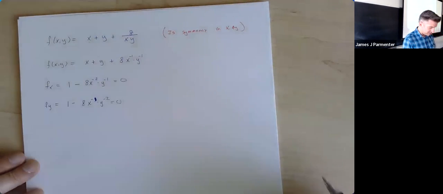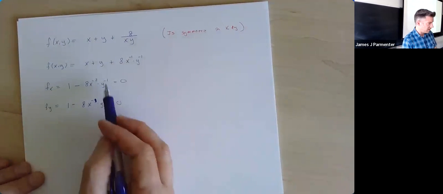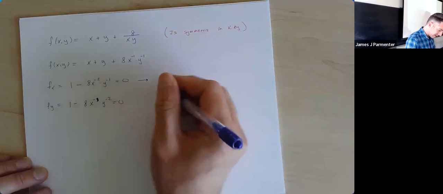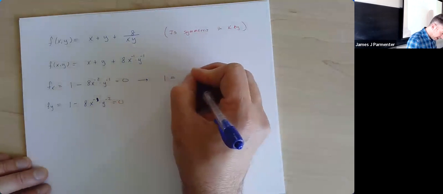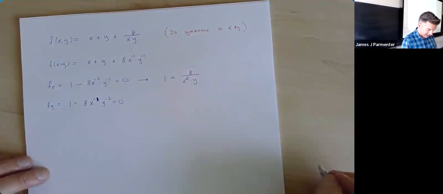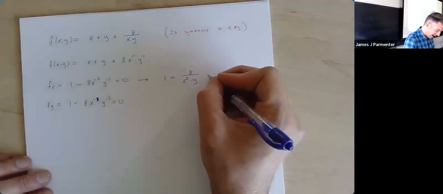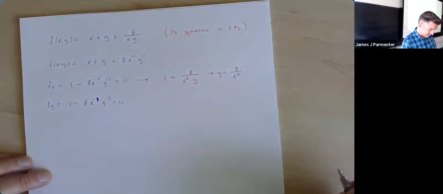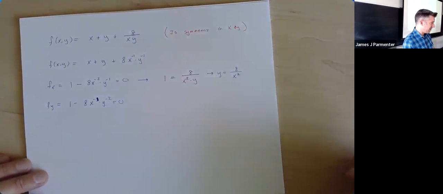Okay, this looks terrible to deal with. So I definitely don't love these negative exponents when I'm trying to solve this. So I would definitely rewrite this as 1 equal to 8 over x squared times y. And I would probably then multiply both sides by y to get y equal to 8 over x squared. Yeah, I could have done that with negative exponents.